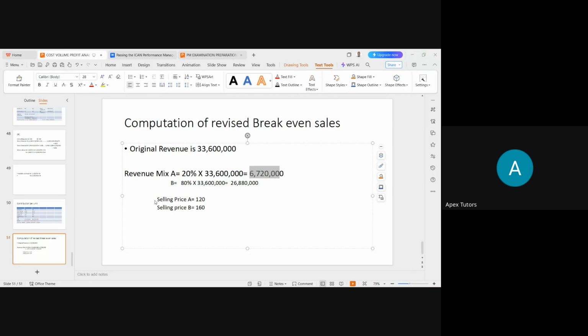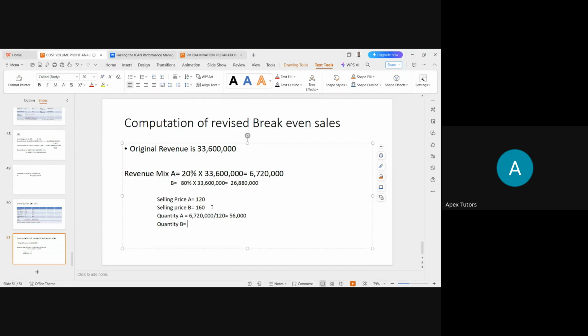If the selling price for A is 120 and the revenue for A is 6,720,000, then the quantity for product A is 6,720,000 divided by 120, which gives 56,000.